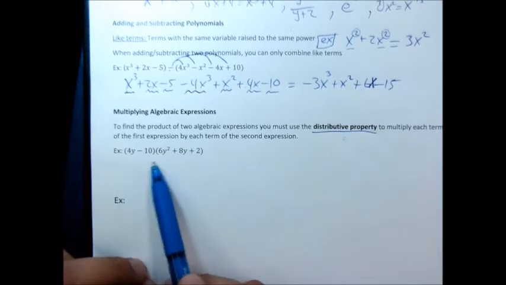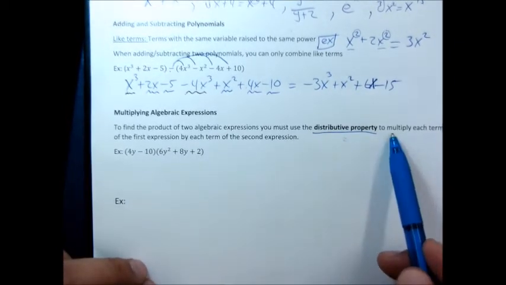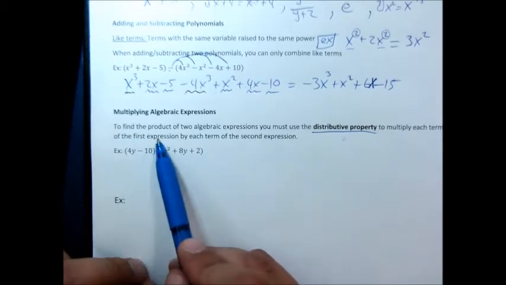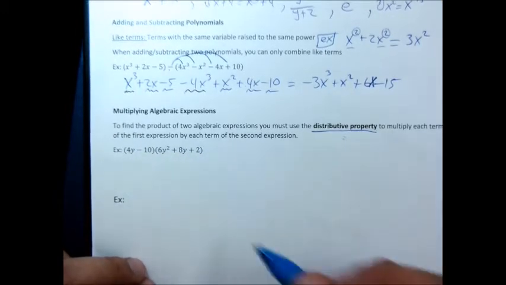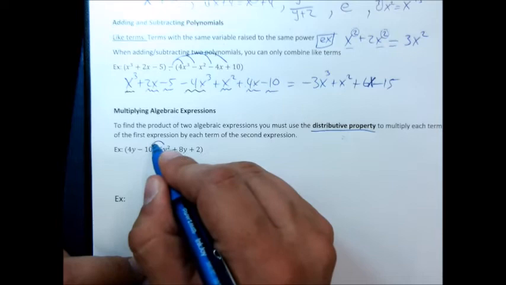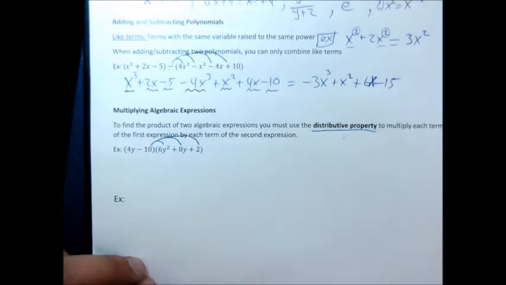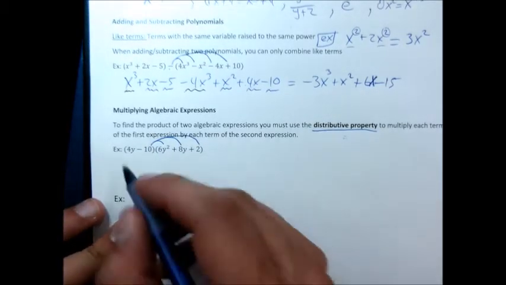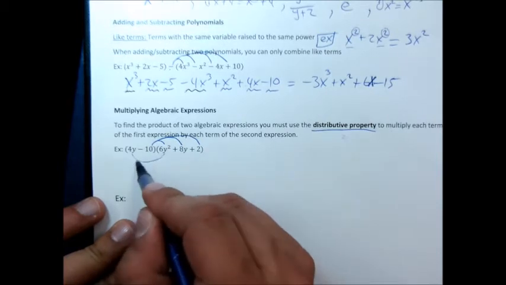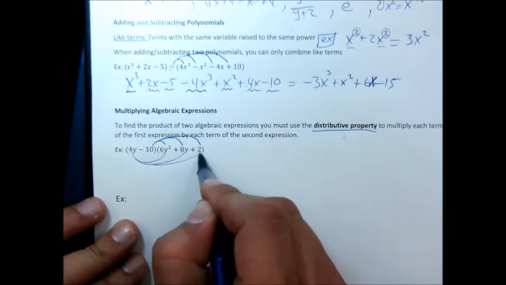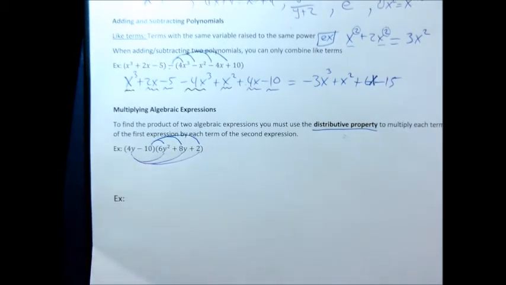But when we have more than two terms, all we need to do is multiply each term in the first expression by each term in the second expression. So we take that 10 and we multiply it through and hit everything in the other one. And then we take the 4y and we multiply it through and hit everything in the second one as well. And then we combine like terms afterwards.